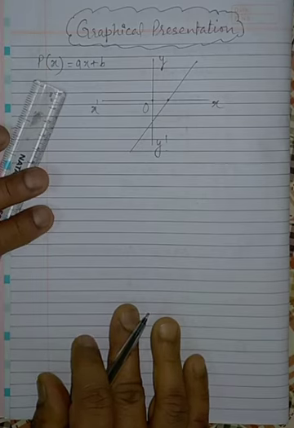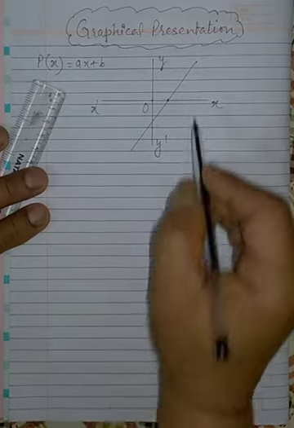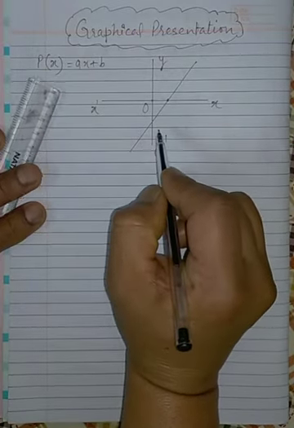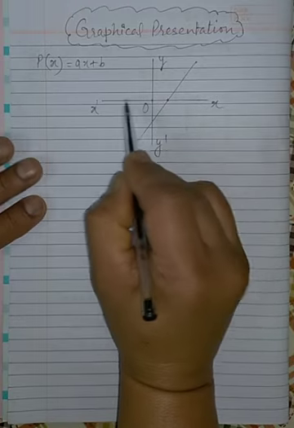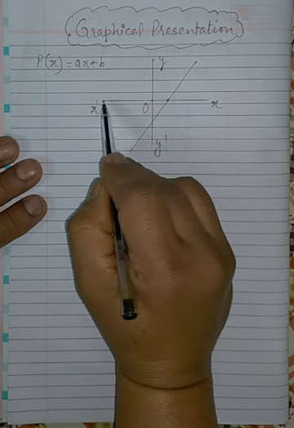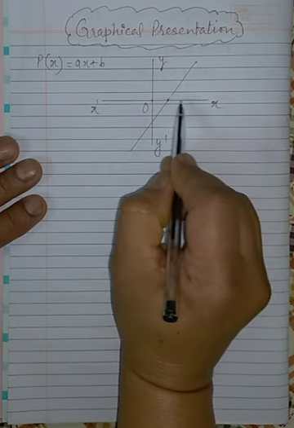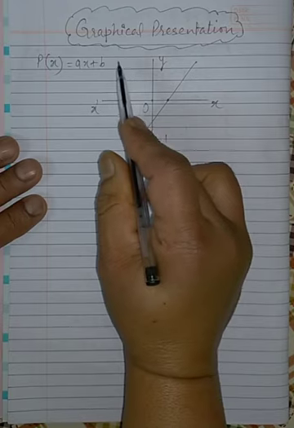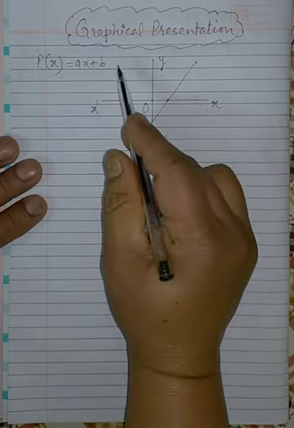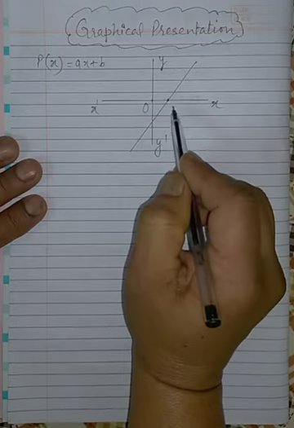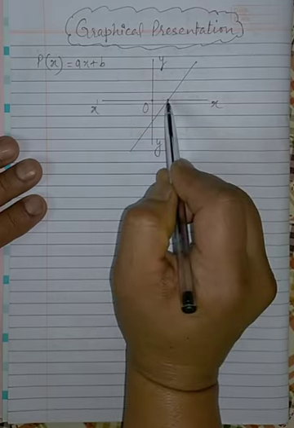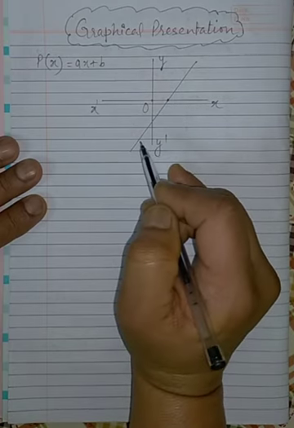Children, let me remind you that the number of zeros that we find by graph is the points of intersection on the x-axis. Now as the polynomial is linear, we have only one zero, so we have only one point of intersection.